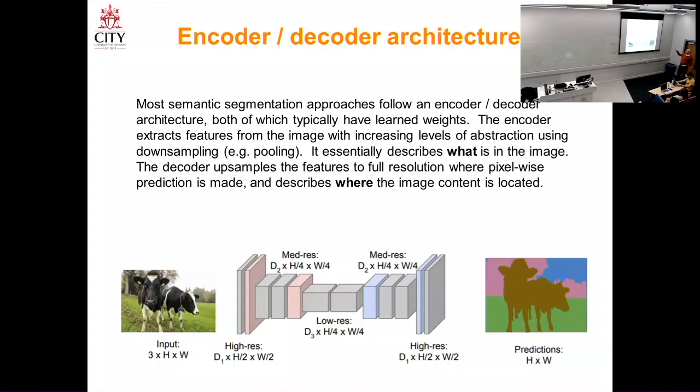So most semantic segmentation techniques use an encoder-decoder architecture. So essentially what you're going to do is you're going to have a bunch of convolutional layers, and you're going to have some max pooling, which is going to decrease the size of the image. Okay? And so this data coming through here is at a lower resolution, and so the network is looking at the image in a more holistic way.